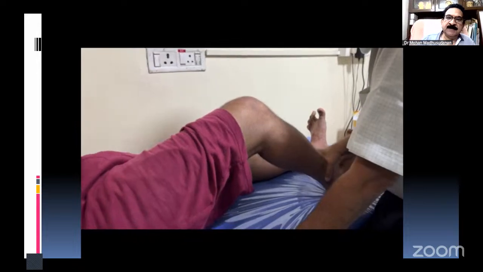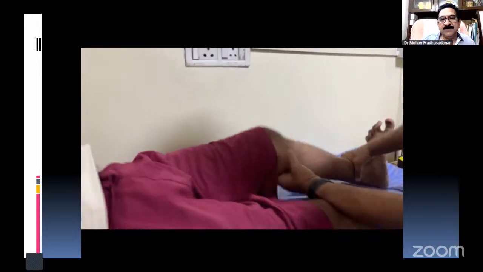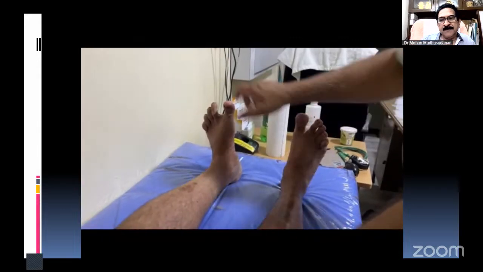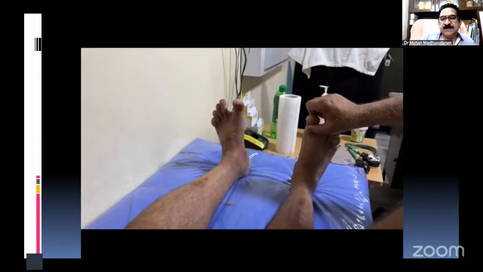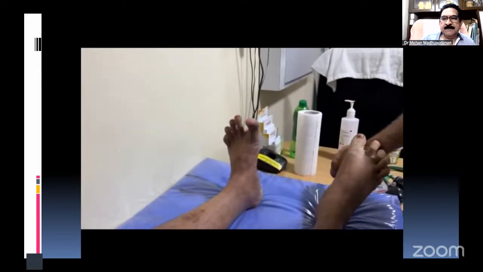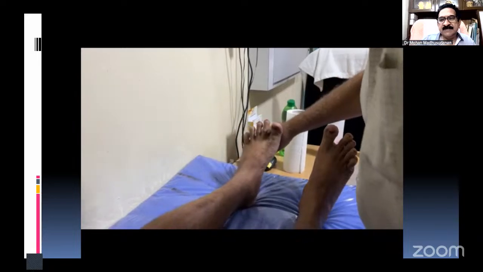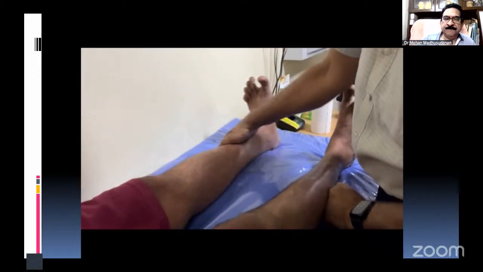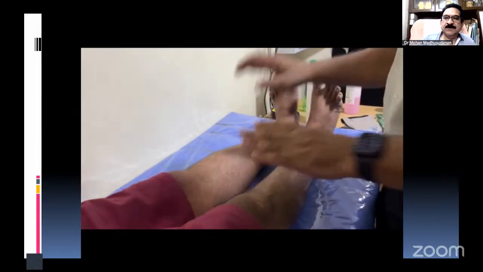Power was normal, he was cooperating, power was normal. Extension normal, EHL was normal. The only weakness I got was... abductors were normal. Adduction was normal.